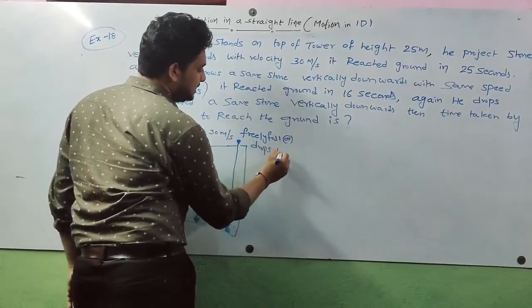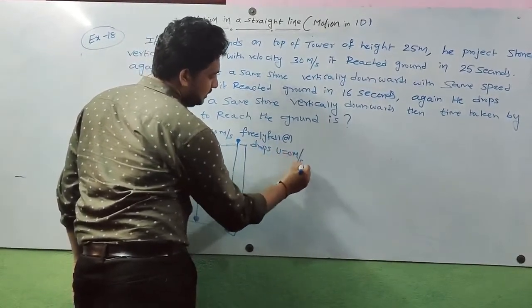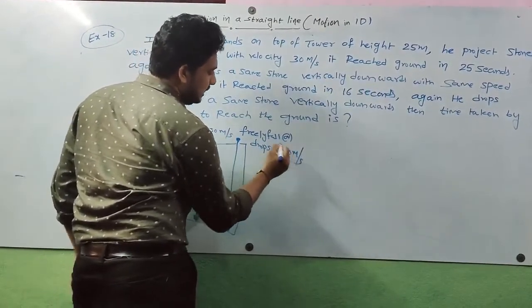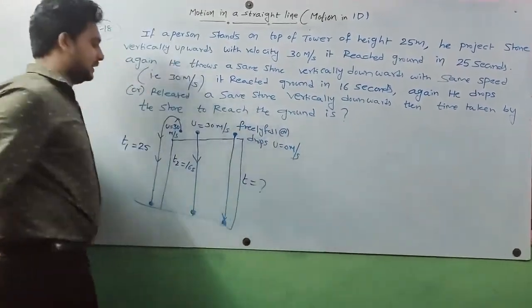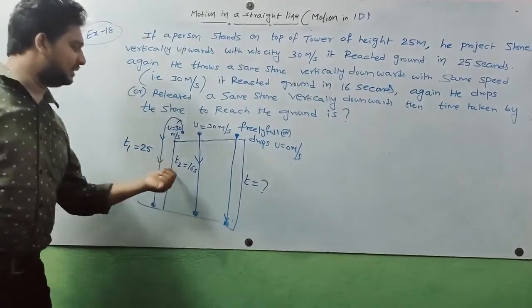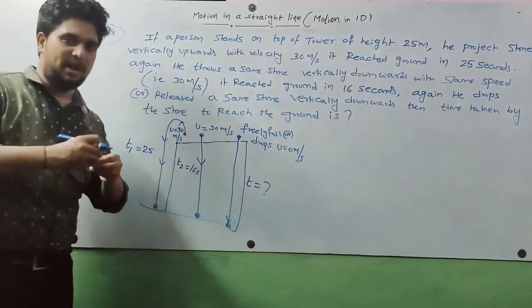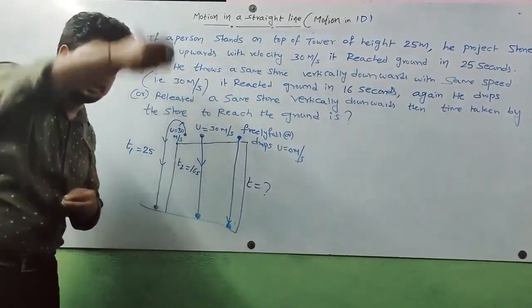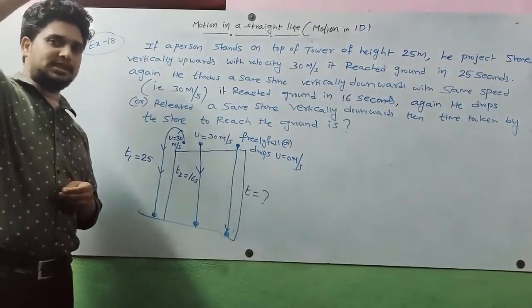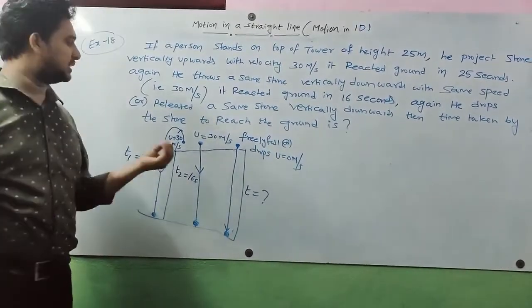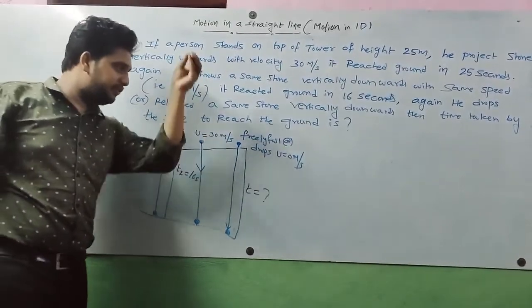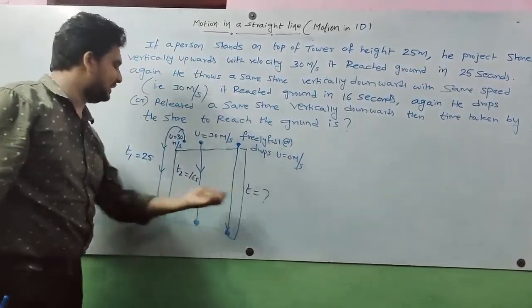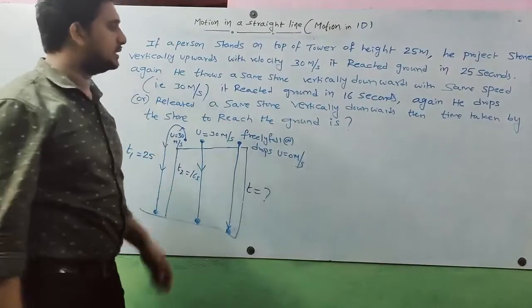Then we consider the initial velocity is 0 meter per second and the time taken is T seconds. Then what is the relation between T1, T2 and T? One body is projected vertically upward from the top of the tower, one body is projected vertically downwards with the same speed, and another body is freely falling.